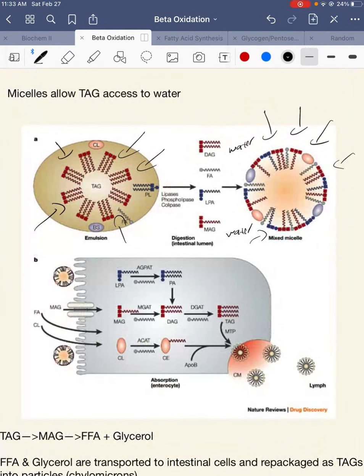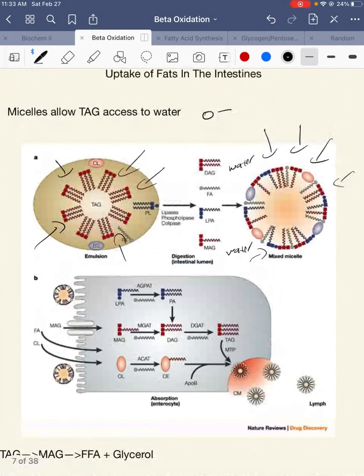So what happens is we have bile salts. They're salts, so they have a plus and a minus sign. So what they do is they allow water to come in and break down those fatty acids. They allow lipases to come in and break down the fatty acid, and lipases use water. So this is one part of a tag.